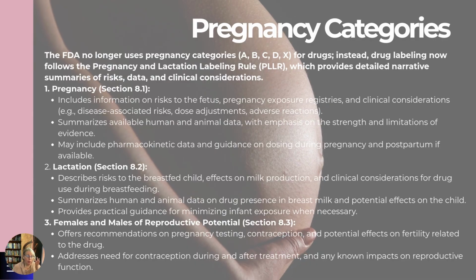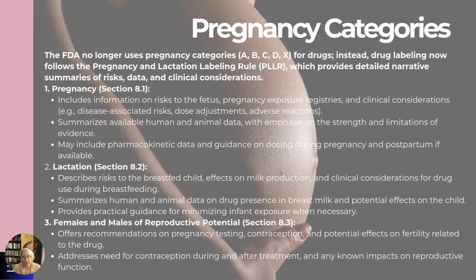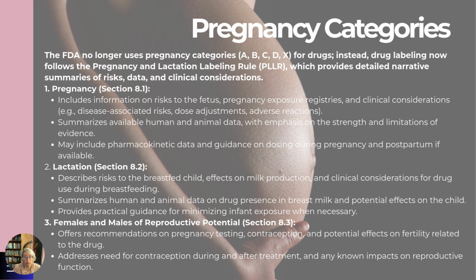Okay, pregnancy categories. The pregnancy categories for the review and prep were different. They used to be pregnancy categories A, B, C, D, and X for drugs, and the FDA has decided to move out of that categorization. Now there are just these 3 sections in the FDA classification areas.